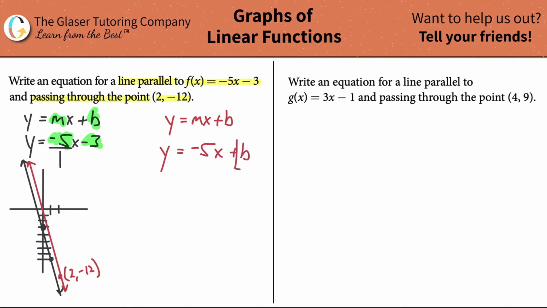But what we don't know is the y-intercept. So we've got to go hunting and find that y-intercept. It might be a little bit above or a little bit below. Again, I don't know because this isn't totally to scale. But the important thing is that we're definitely not going to figure it out graphically, especially if you're not using graph paper. We have to figure it out algebraically.